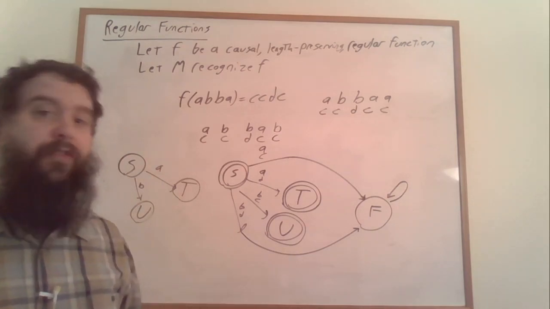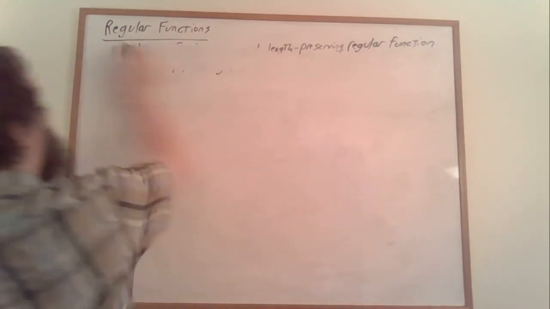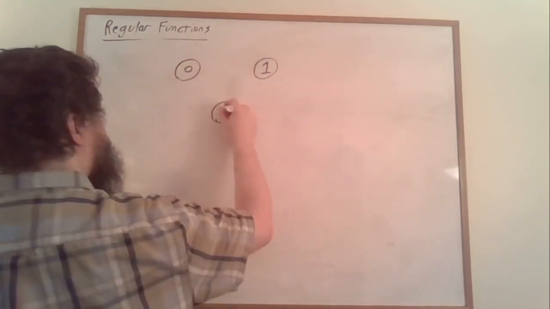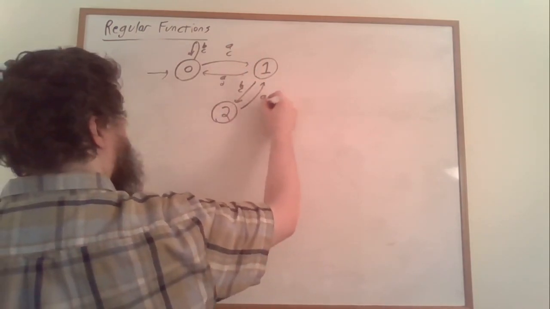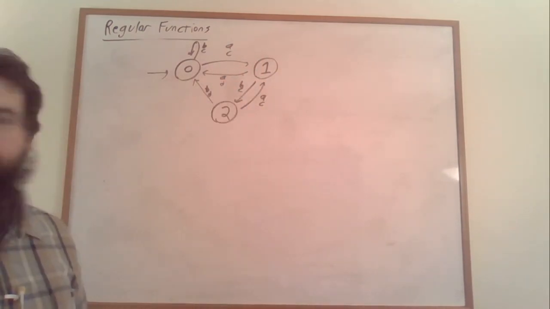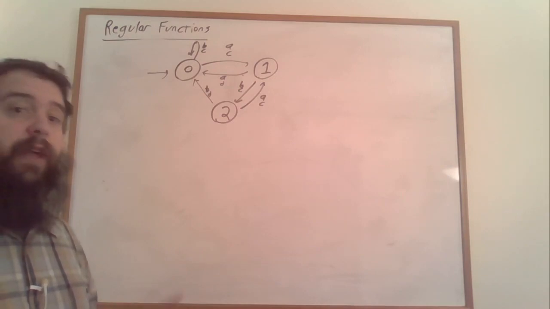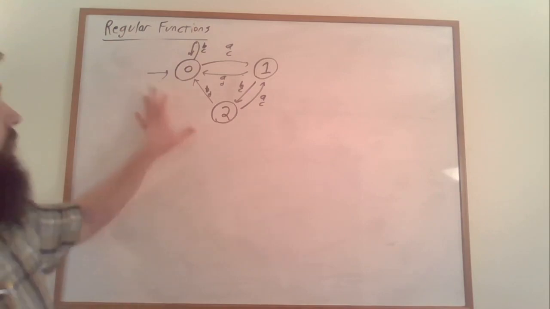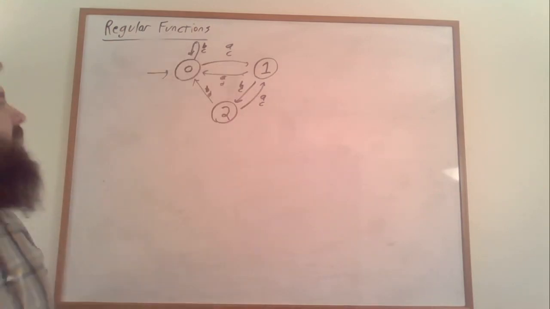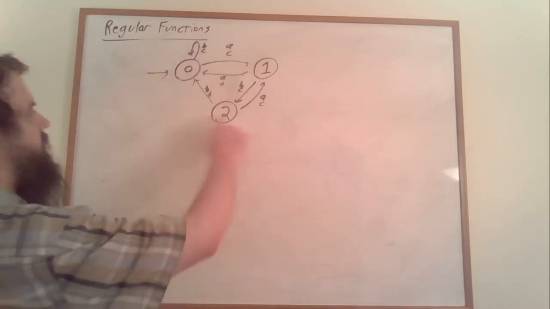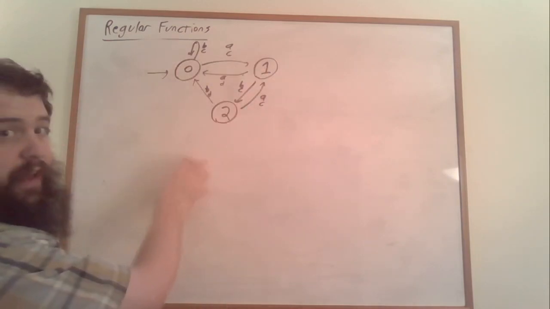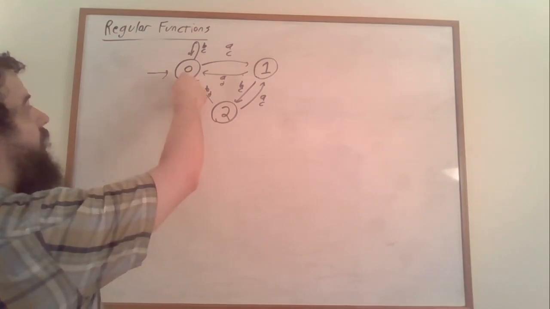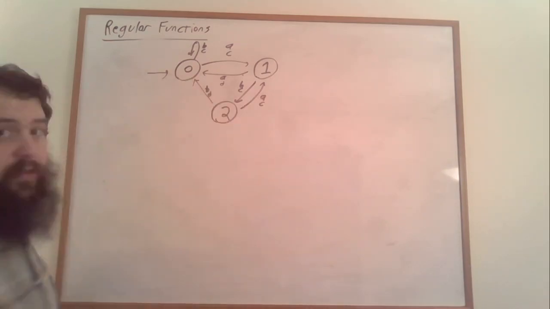Let's see this in action. So our finite state automaton, recognizing our causal length-preserving regular function, looks something like this. Here, all of these are accept states, and then there's also a failure state that I haven't drawn, and all edges that aren't labeled go to the failure state.